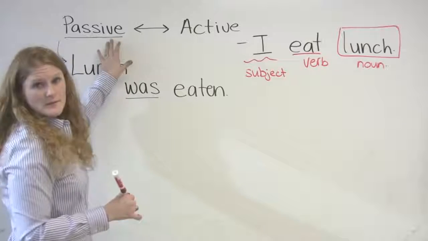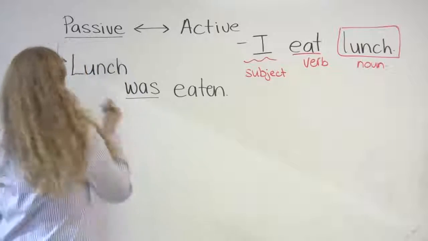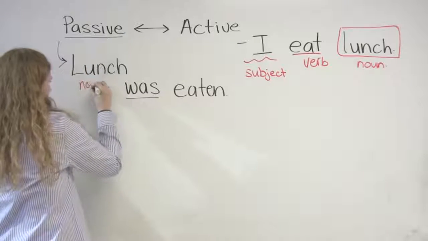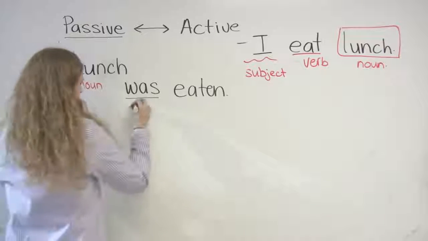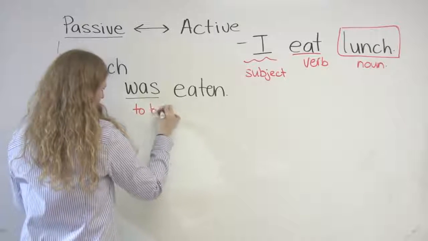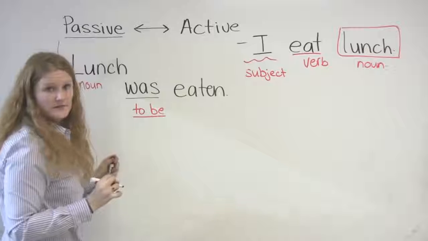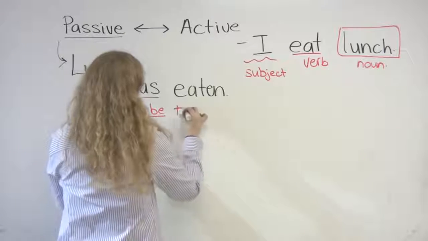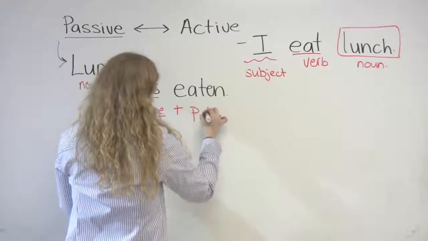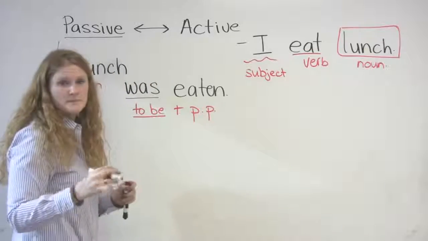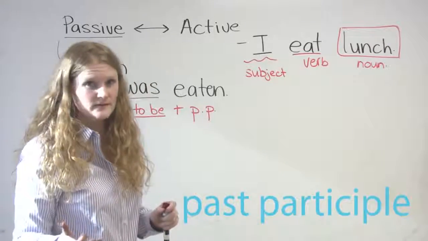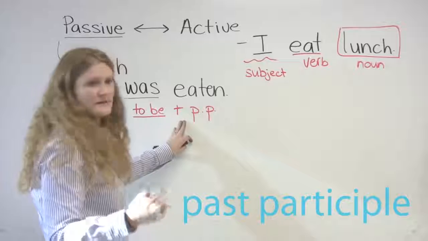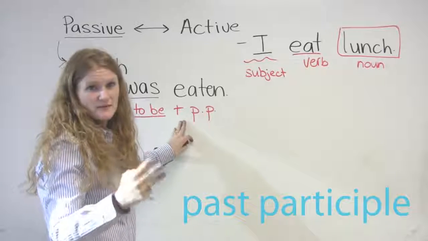To form a passive sentence, we take the noun plus the to be verb, and we use the PP, or the past participle. The past participle is the third tense of the verb.